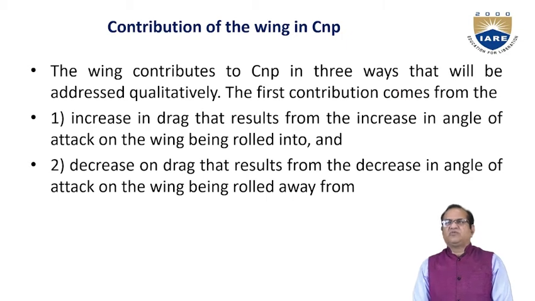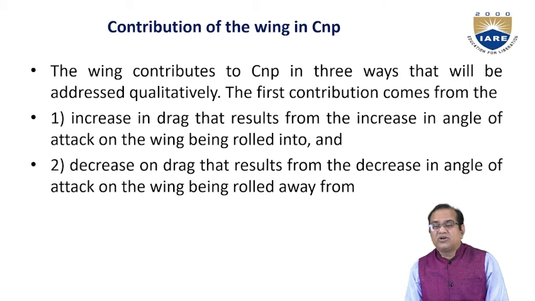The first contribution comes from the increase in drag that results from the increase in angle of attack on the wing being rolled into, and the decrease in drag that results from the decrease in angle of attack on the wing being rolled away from.